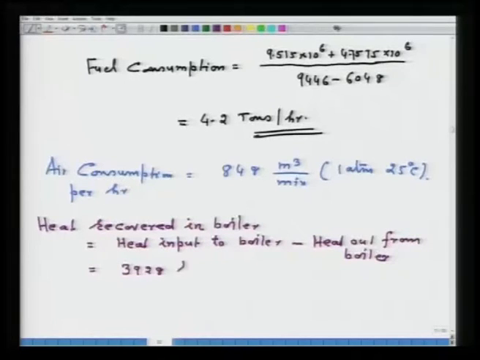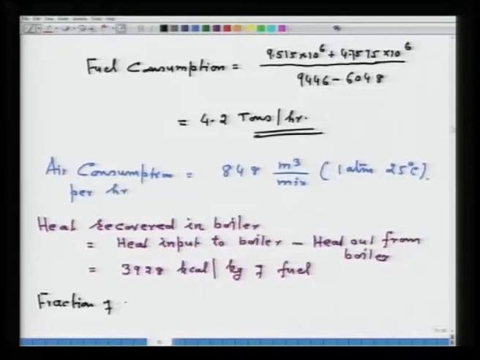3928 kilocalorie per kg of fuel. Now, just for information, the fraction of CV recovered, because we are always interested in this. All these, heat to POC, heat recovered, are a fraction of the calorific value of the fuel, because the source of thermal energy is the calorific value of the fuel.